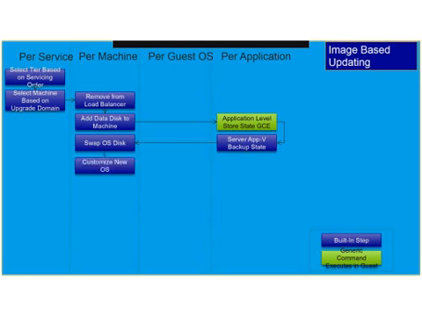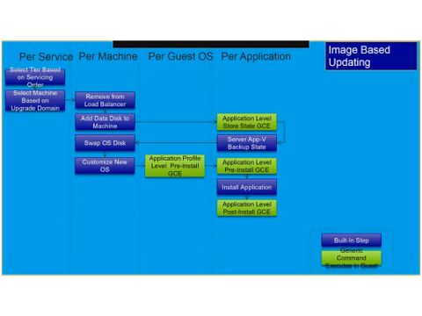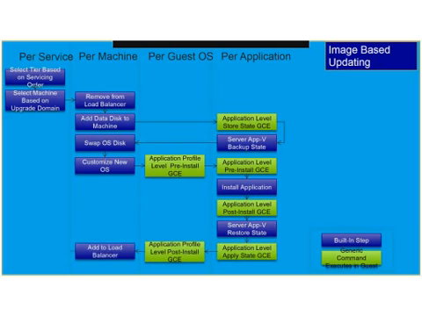It does all the OS customization, then runs the application customization, restores the state, adds the load balancer, and you're done. So it's a preference of how you want to deploy these.